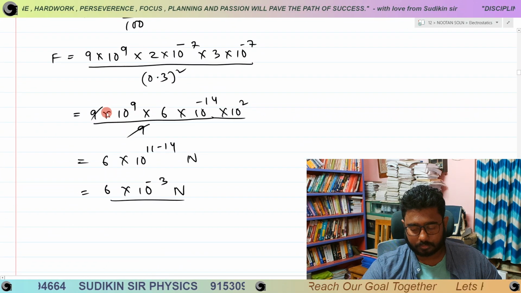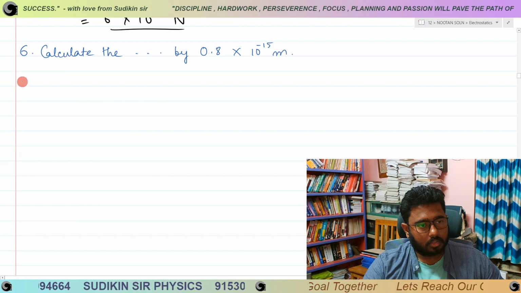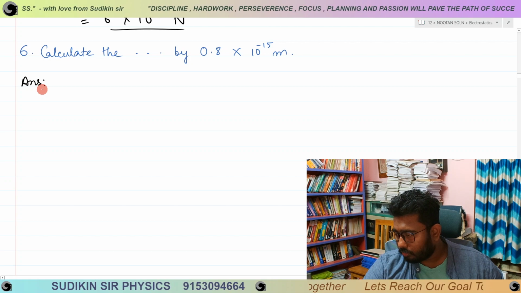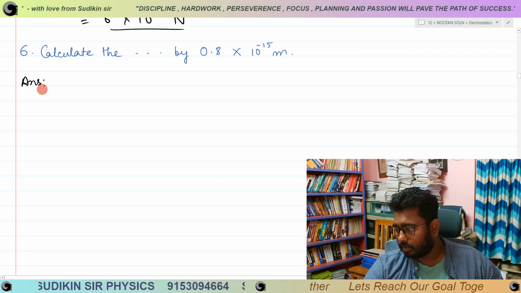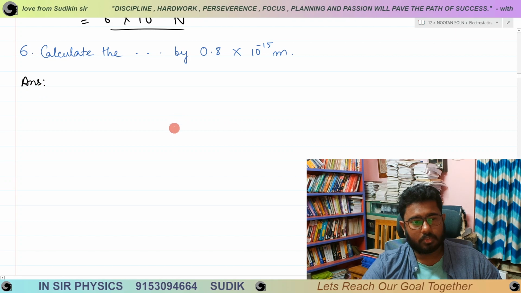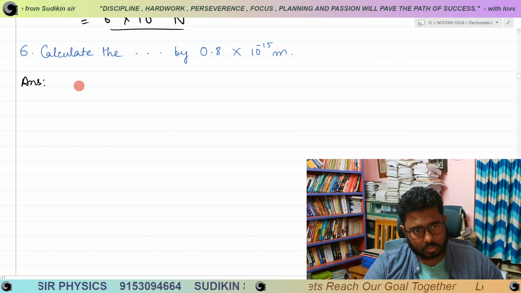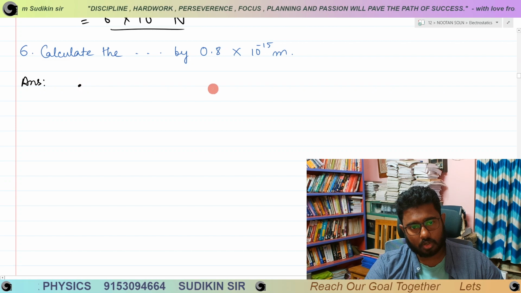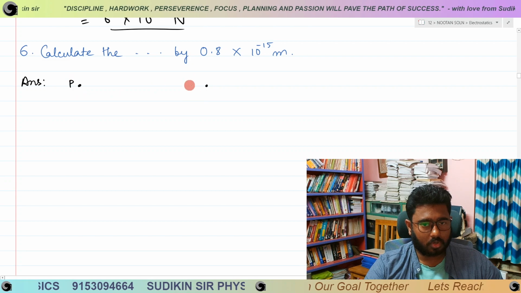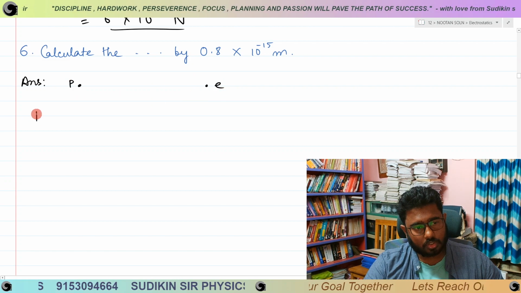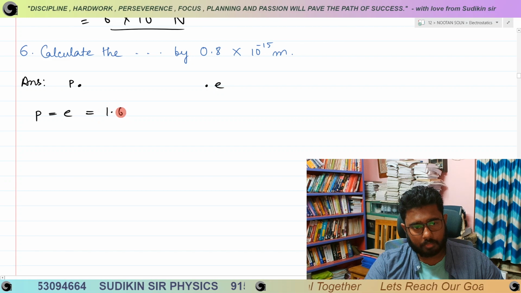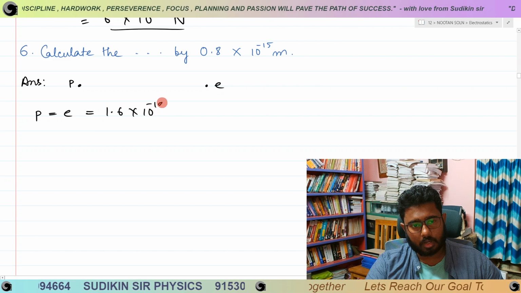Next question. Calculate the Coulombian force between a proton and an electron separated by 0.8 into 10 to the power minus 15 meter. There are two charges. One charge is a proton, another is an electron. The charge of a proton is equal in magnitude to the charge of an electron, that is 1.6 into 10 to the power minus 19 coulomb.